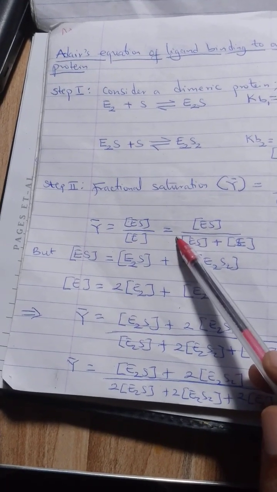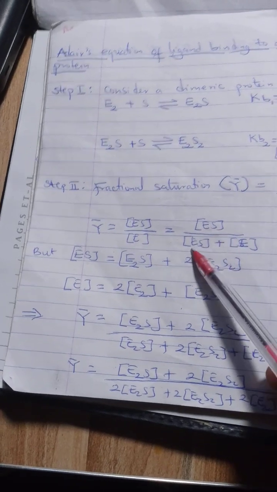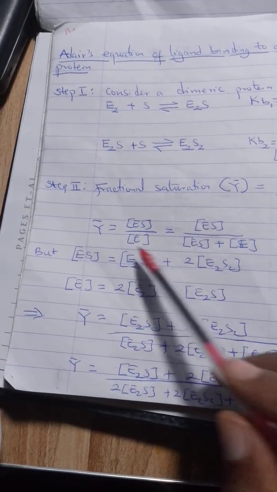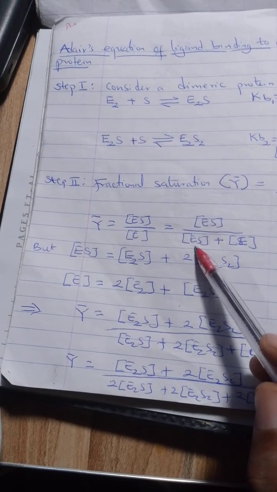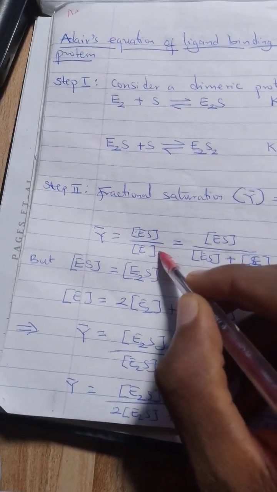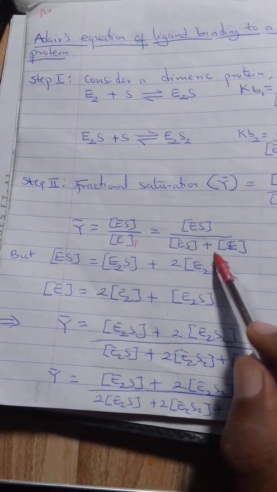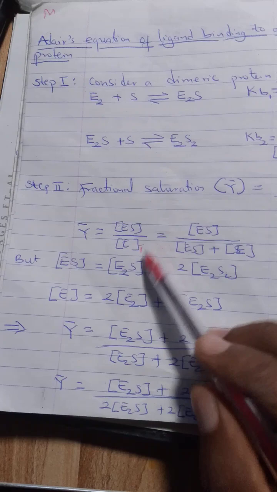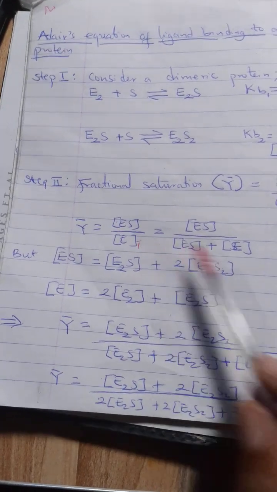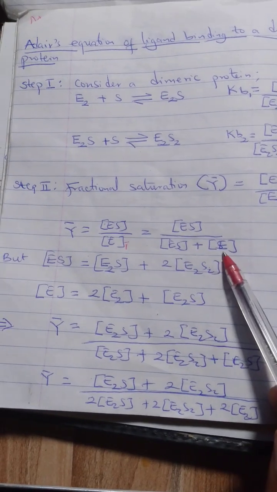Now the total enzyme is the enzyme bound plus the free enzyme. So if you want to find the total enzyme, it's just the enzyme that is bound to substrate and the free enzyme.